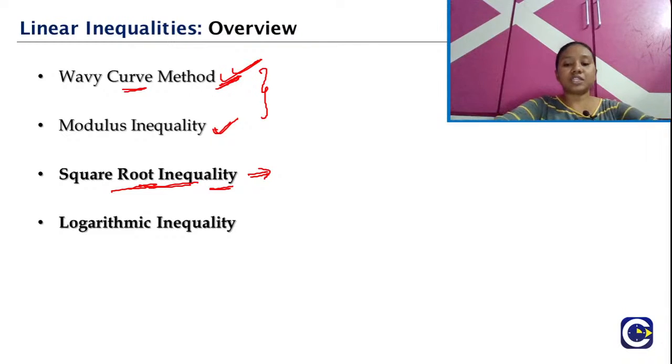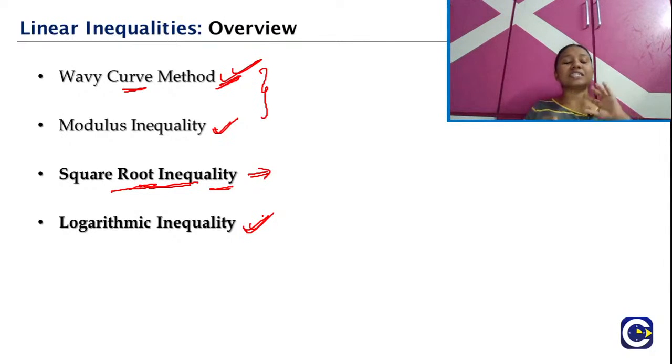After that, the next important inequality is the logarithmic inequality. For any logarithmic expression, the base will be very important. Even in inequalities, the base of the log plays a crucial role. Depending on the base, we check whether the inequality sign will change or not.